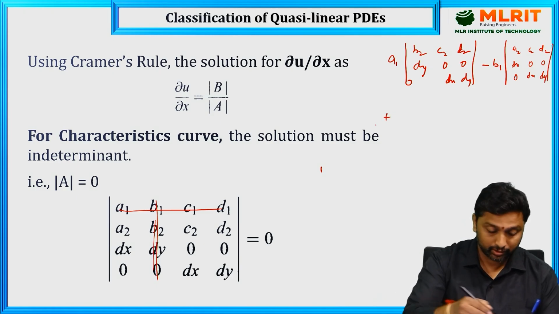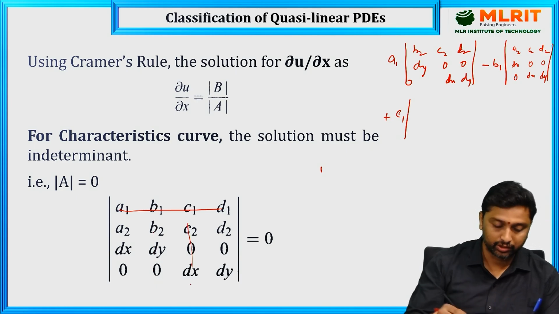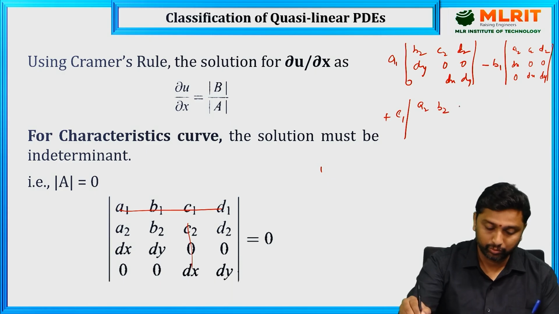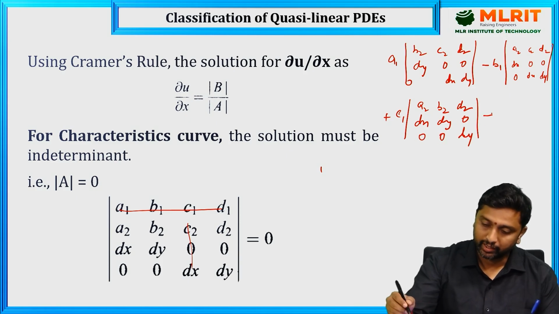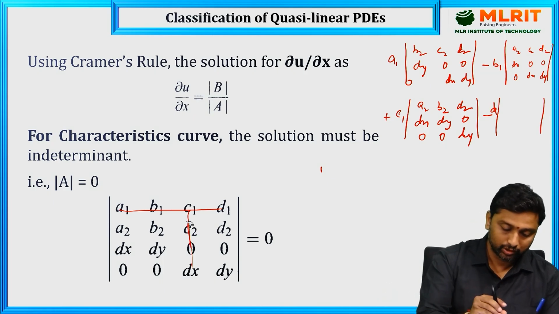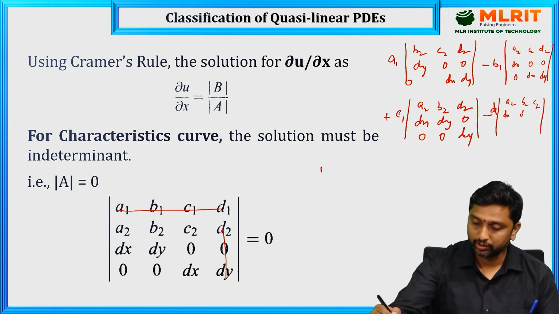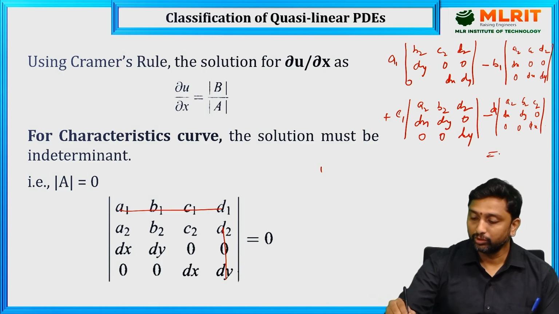Similarly, plus C1 into, for C1 it has to be these three, that is A2, B2, D2, dx, dy, 0, 0, 0, dy, minus D1 into just this, A2, B2, C2, dx, dy, 0, and 0, 0, dx, should be equal to 0.